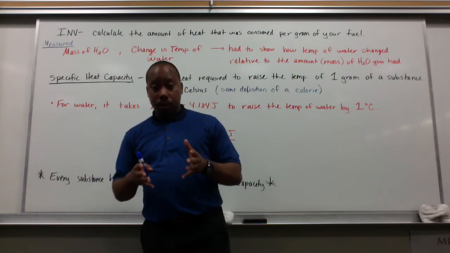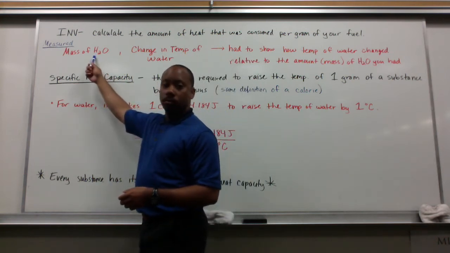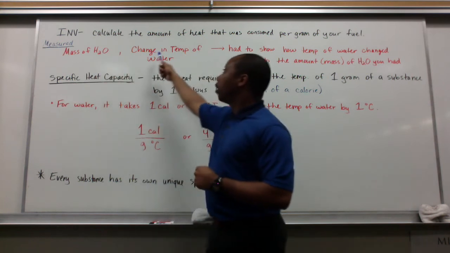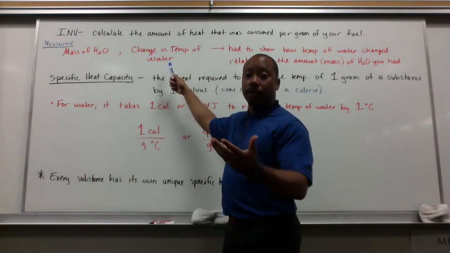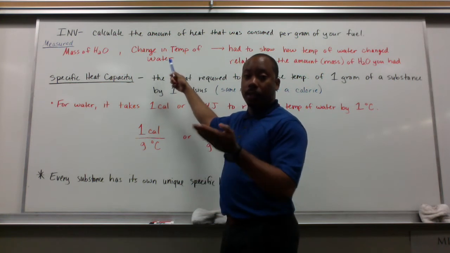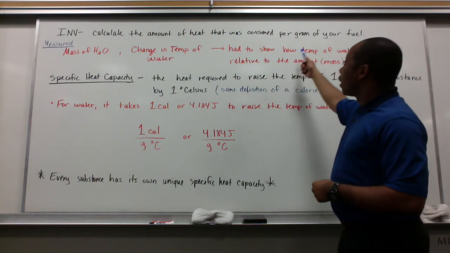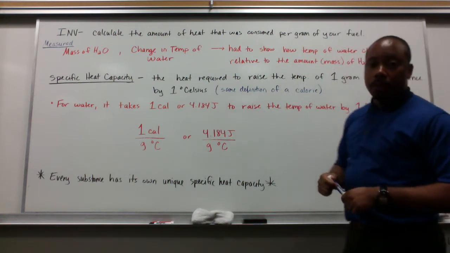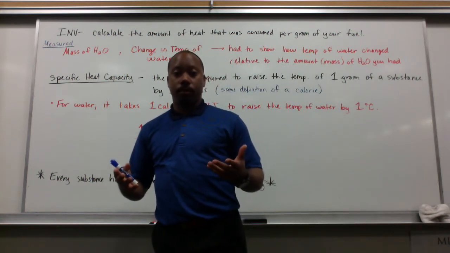What you needed to measure to actually calculate this was your mass of your water, which is going to be equal to the volume of your water, the change in temperature of the water, so when you first started the experiment till after, how the temperature of the water has increased, and then lastly, you had to show how the temperature of the water changed relative to the amount of water you had, so the mass of water.